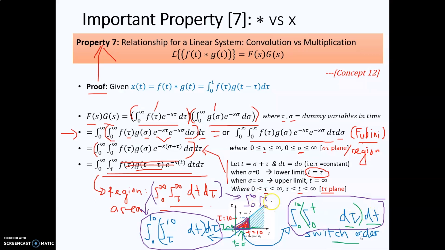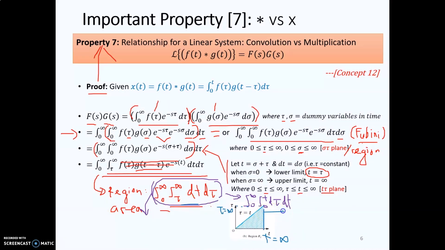So this is d tau dt. By performing the switch order, you can convert from this form to this form. Both of these formulas find the same region area here for t equal to infinity and tau equal to infinity.